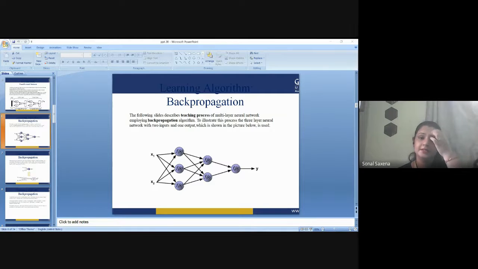Similarly, there is a C, which is called a loss function or a cost function. For classification, this is usually cross entropy or log loss, while for regression, it is usually squared error loss.